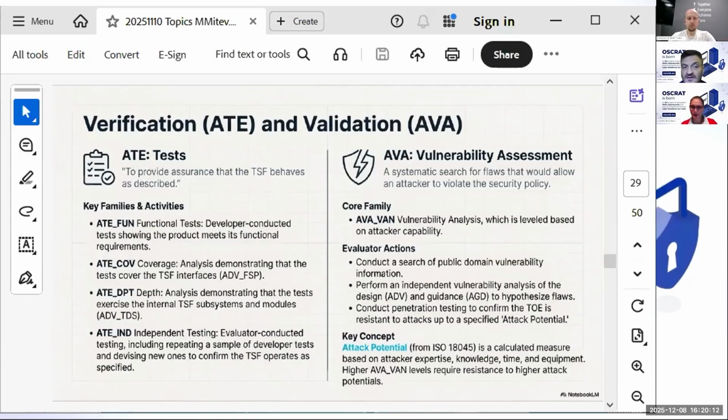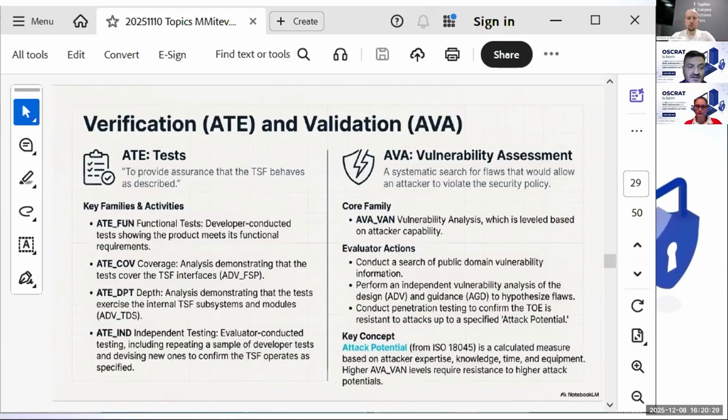Validation in AVA includes a structured search for vulnerabilities. Evaluators study public information, analyze the product, and test possible attack paths.